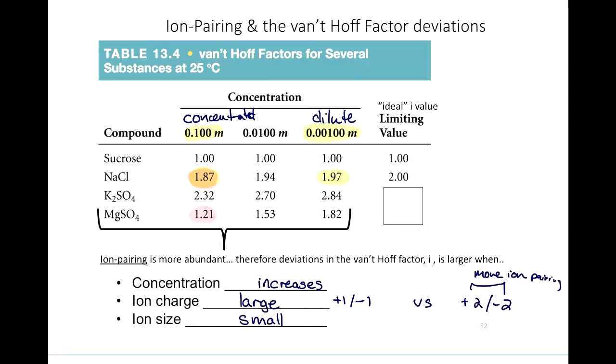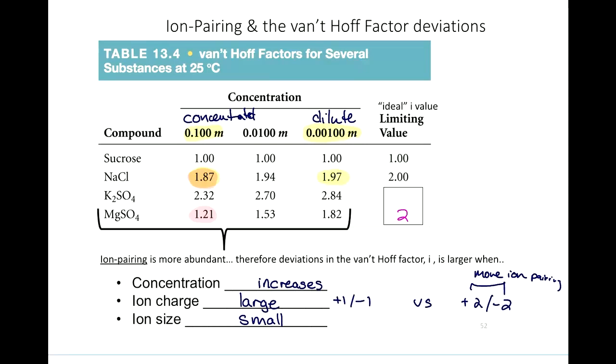Do you get sulfurs and oxygens all broken apart? No, sulfate stays together. So what is the Van 't Hoff factor? 2, yes. So look, in an ideal world, sodium chloride and magnesium sulfate have the same Van 't Hoff factor in a perfect world. But if we apply the idea of ion pairing, they both are lowered, but which one's lowered more?